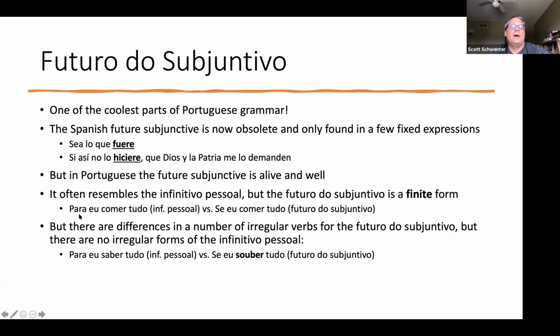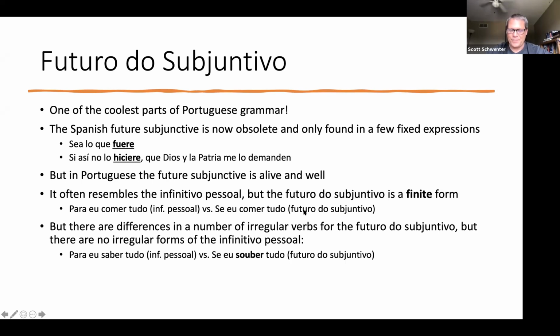So, para eu comer tudo, for me to eat everything, that's the personal infinitive. Se eu comer tudo, if I eat everything, and careful, right? Because that se is si with conditional meaning if. It also is the se pronoun in Portuguese, but here it means if.